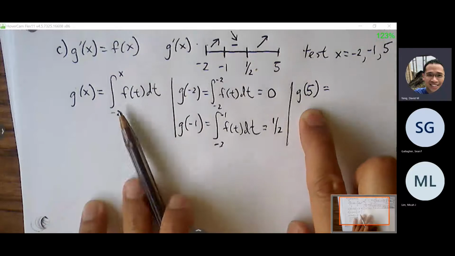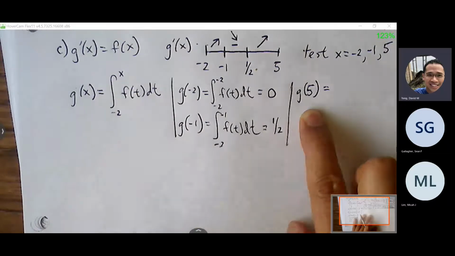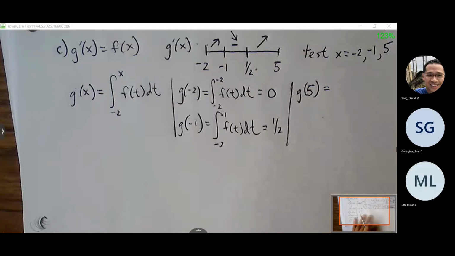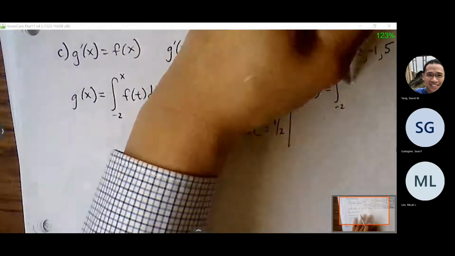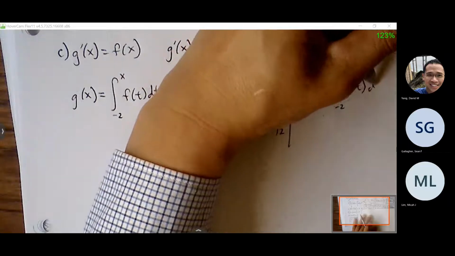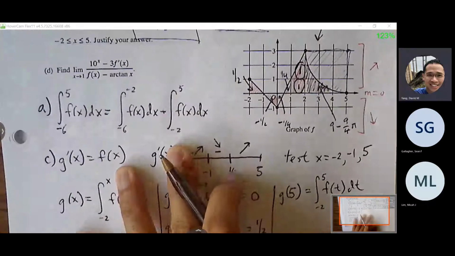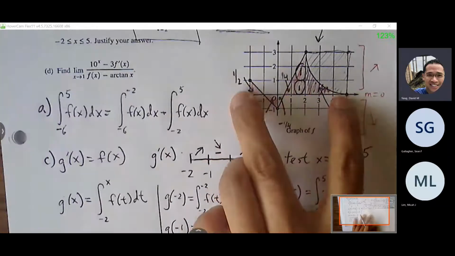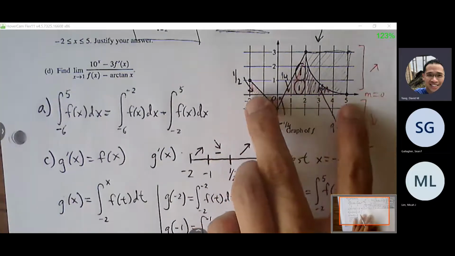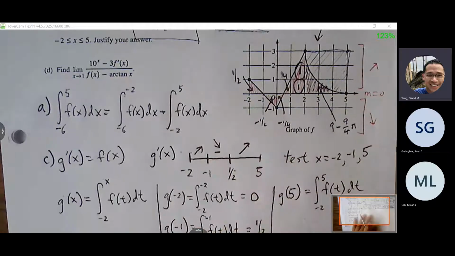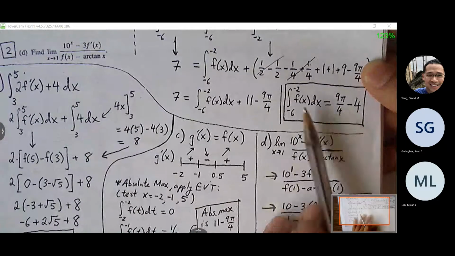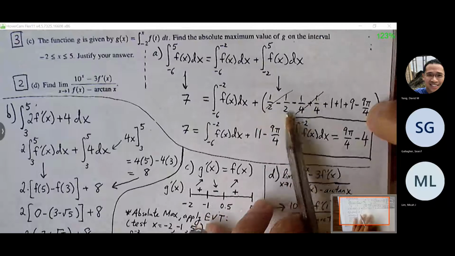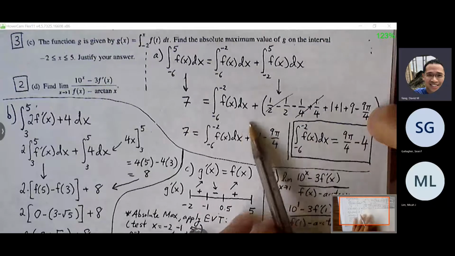Okay, we'll test the other endpoint, g of 5. So g of 5 is the definite integral from -2 to 5. That's this whole region, which we can add up again, but I think we already found it from part A. Yeah, 11 minus 9 pi over 4, right?